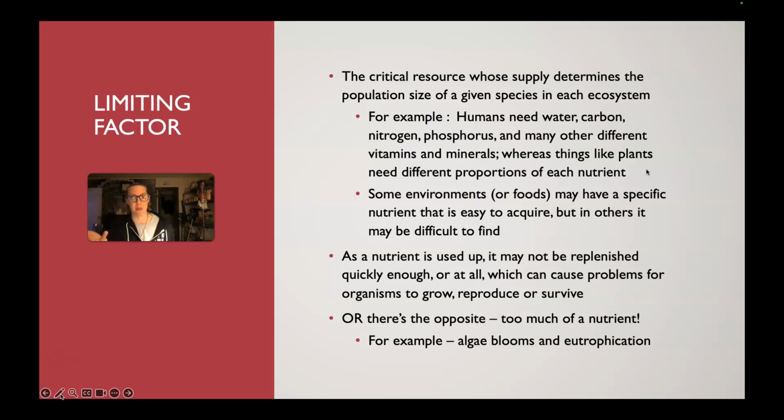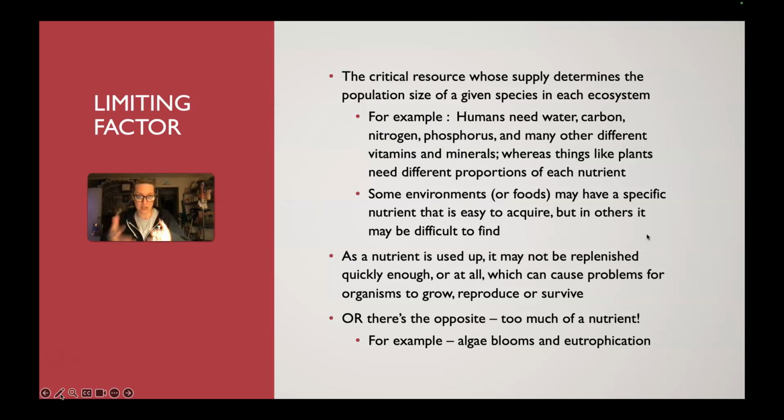So some environments or foods may have a specific nutrient that is easy to acquire, but in others it may be more difficult to find. For example, crops in agriculture are often limited by nitrogen. So farmers have to put nitrogen-rich fertilizer on their crops in order for them to continue to grow. The farmers have to bring in that fertilizer for that to happen.